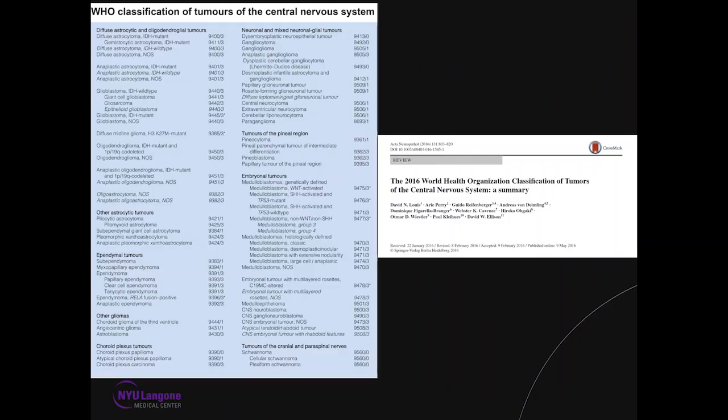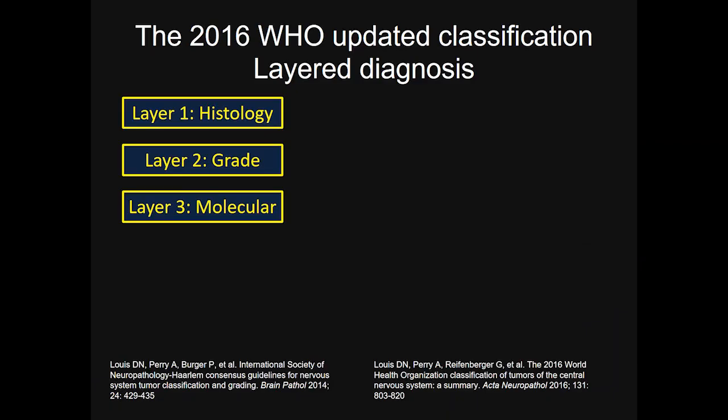This is the paper which WHO published, discussing the 2016 classification update, if somebody wants to go into more detail. But one of the things which came out of this WHO classification update was that now the neuropathologist will have to give a 3-layer diagnosis. So rather than a diagnosis purely based on histology and grade, now we'll have to incorporate the molecular markers.